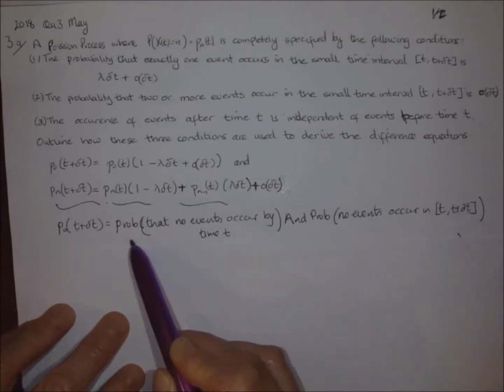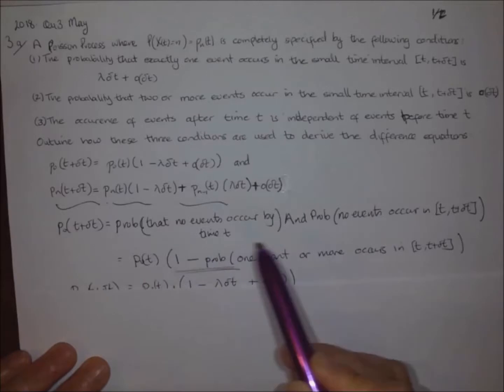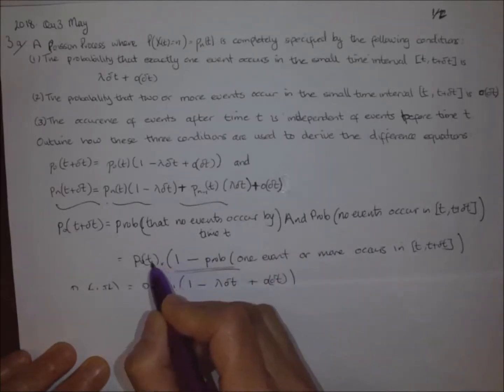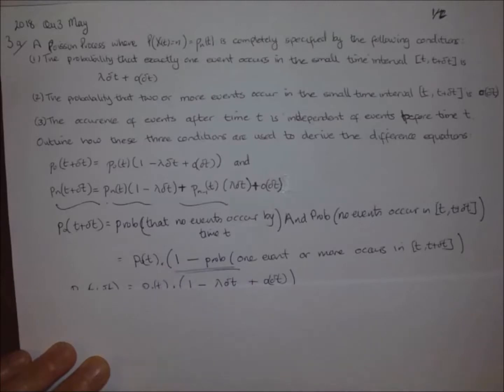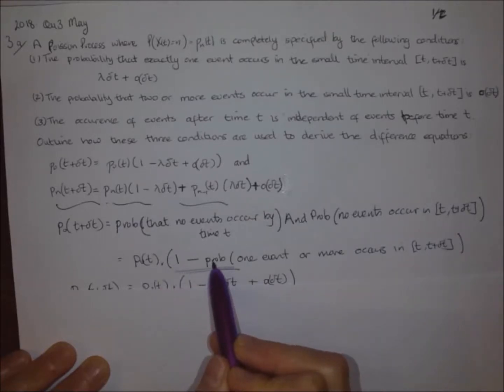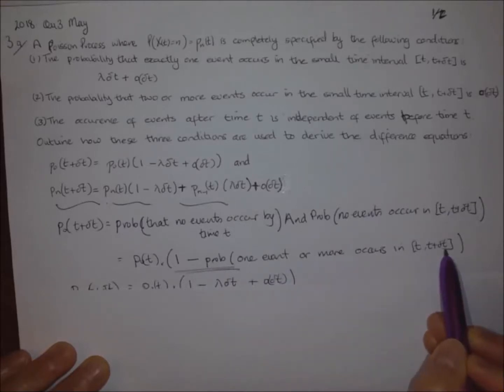So the probability that no events occur by time t is easily written as P0(t), and that means multiply. So we're basically multiplying these two, and then the probability that no events occur in a small time interval t to t plus delta t is the same as 1 minus the probability that one or more events occur in a small time interval.